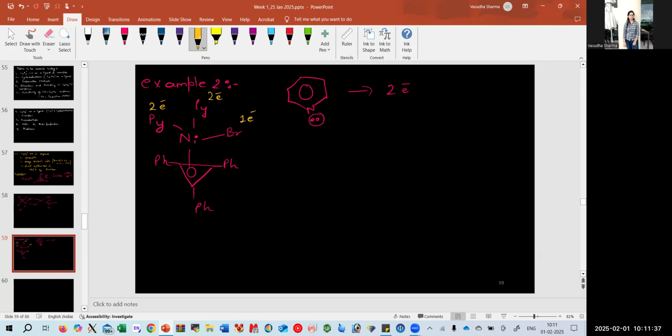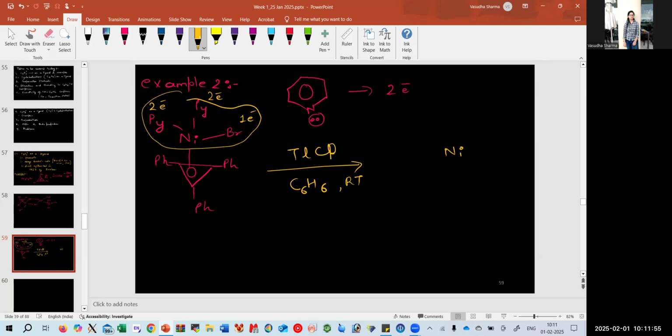When this reacts with thallium Cp in benzene at RT, the 5 electron ligands will be replaced by Cp because Cp will give you 5 electrons, and the rest of the things would be the same.